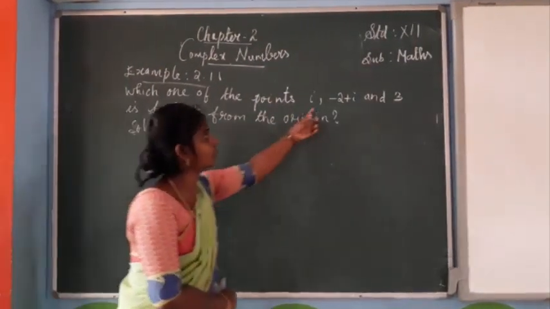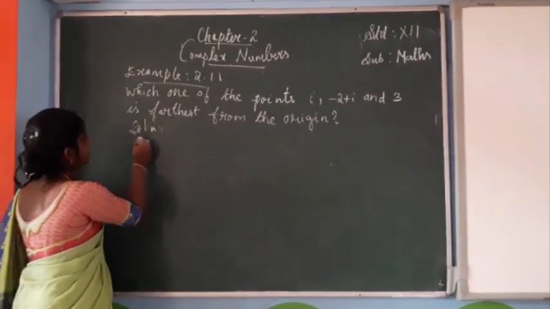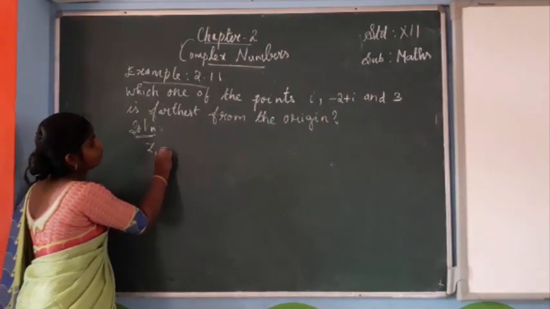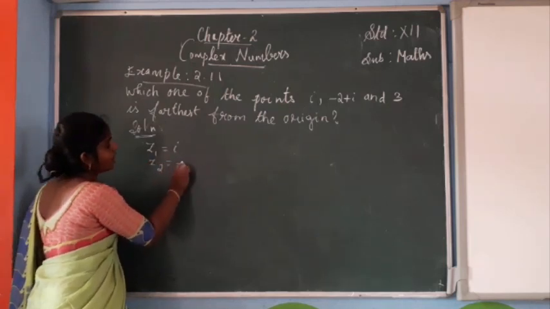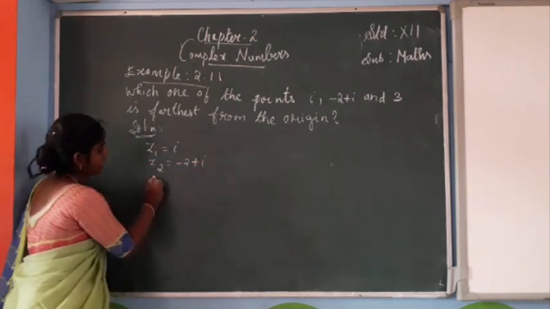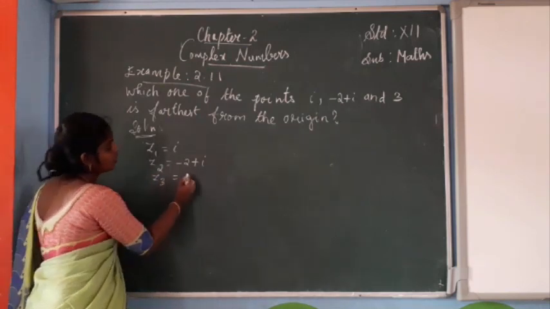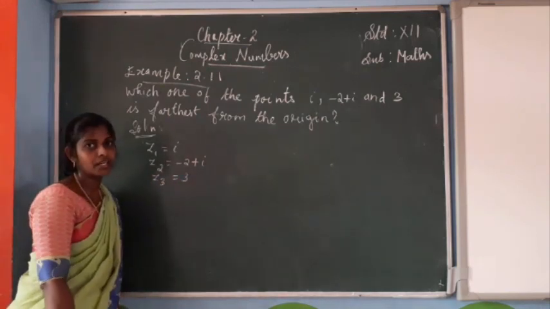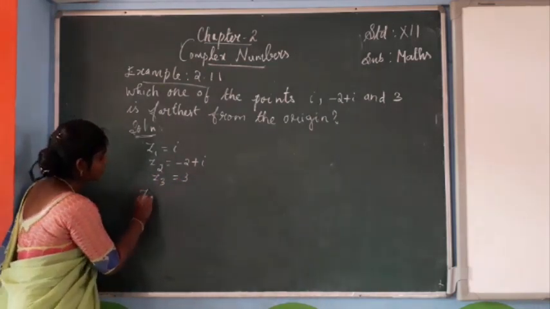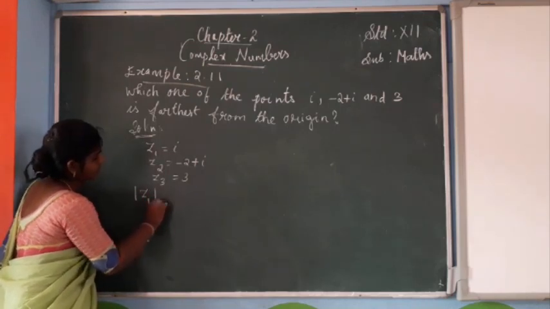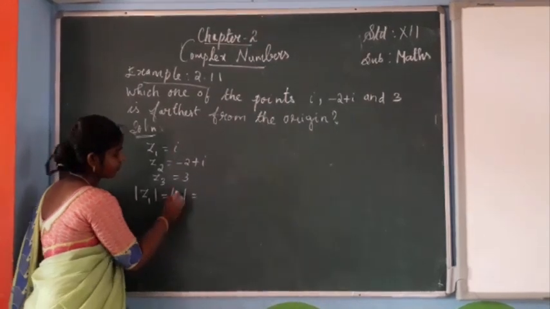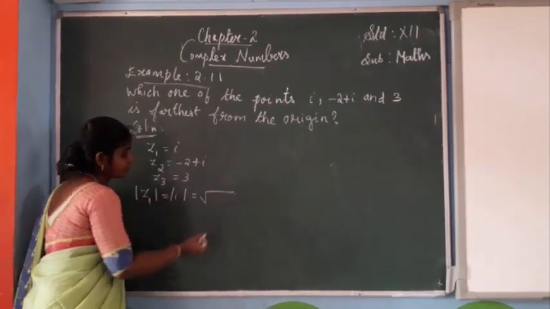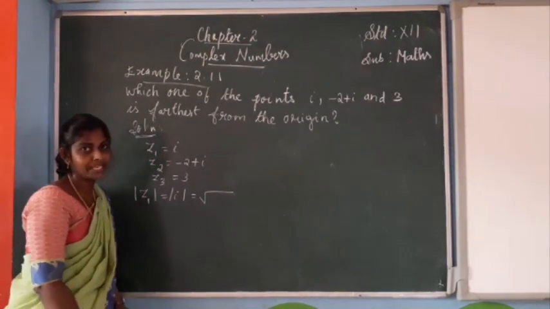First we write the given data, that is Z. We can take Z1 equal to i, Z2 is equal to minus 2 plus i, Z3 is equal to 3. Then you have to find the modulus. So modulus of Z1, which is modulus i, equal to root of, use the formula root of x square plus y square.